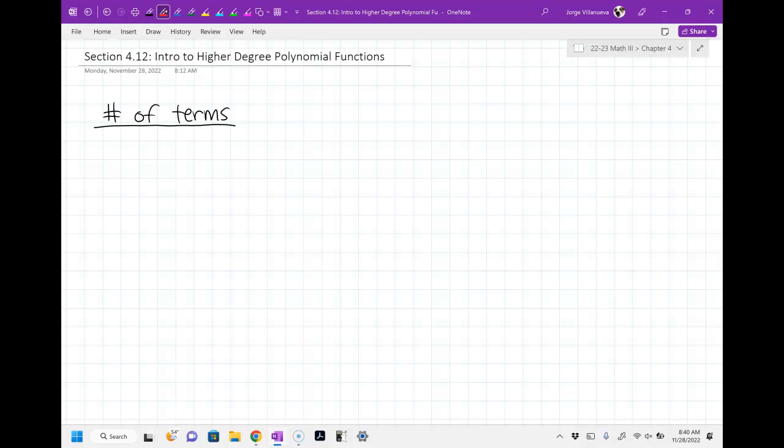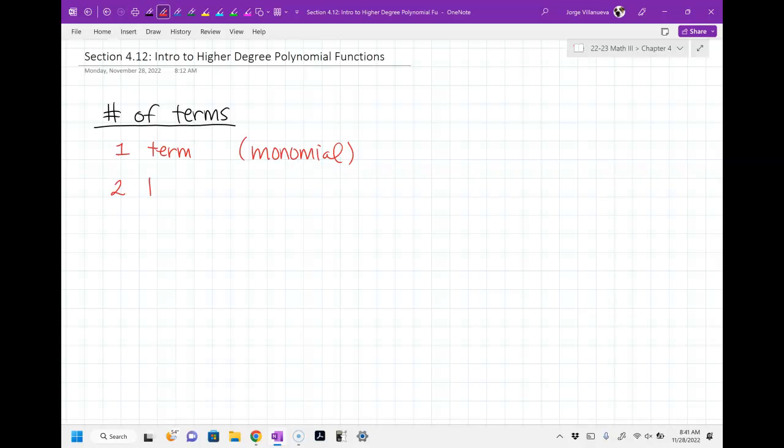Now, when we're doing number of terms, if it only has one term, we call it a monomial. Okay, now you might be saying, well, I've learned this before. I just want to repeat it because there's going to be questions like this asking you what you would call the following. So it might be a monomial, binomial, polynomial, etc.